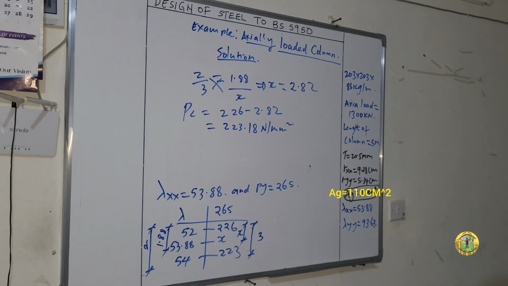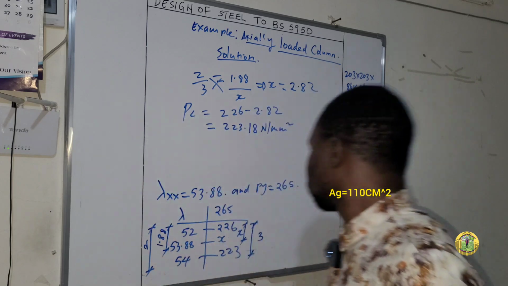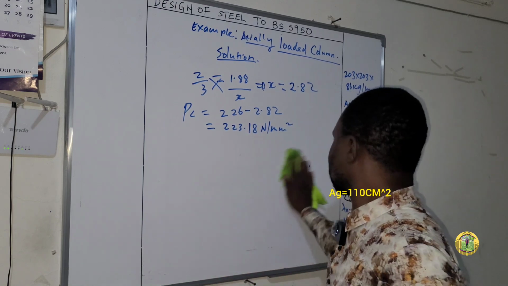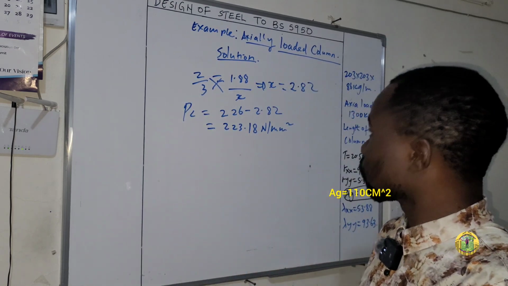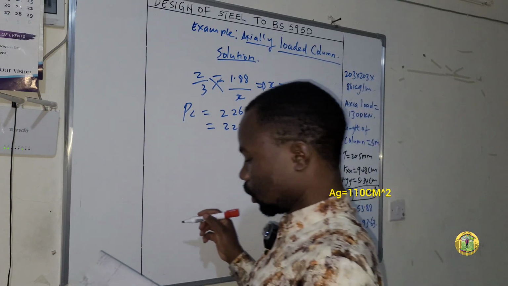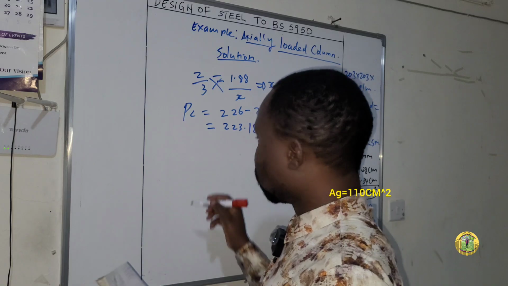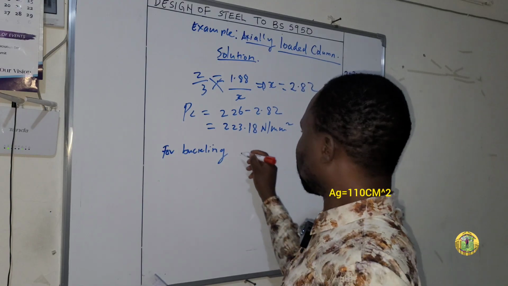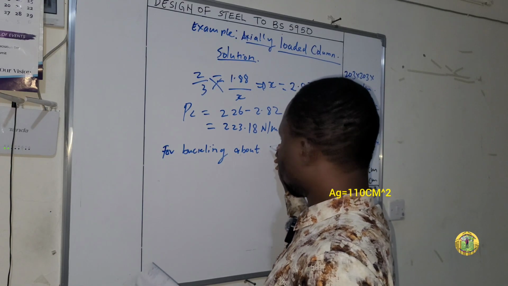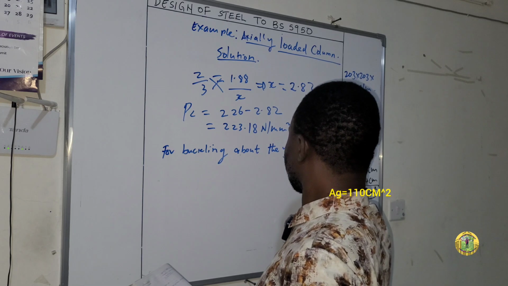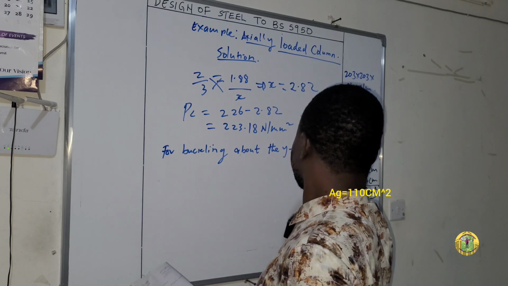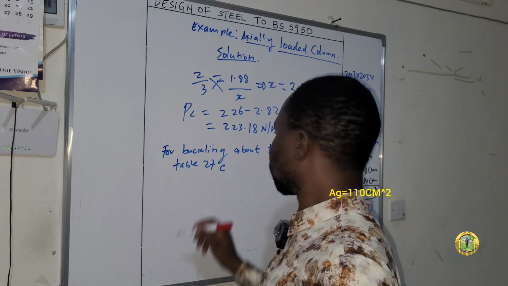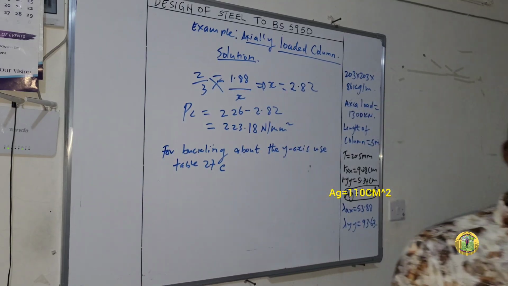So for buckling about the y axis, use table 27C. Again, let's go to the table. I will show you the table.